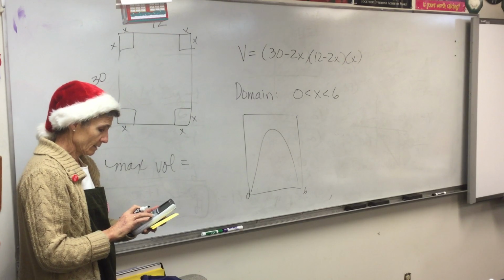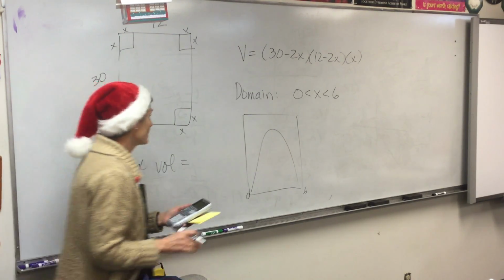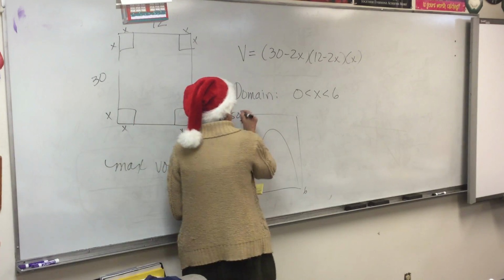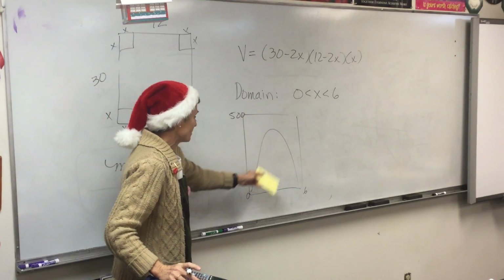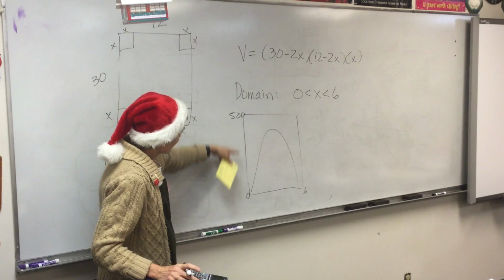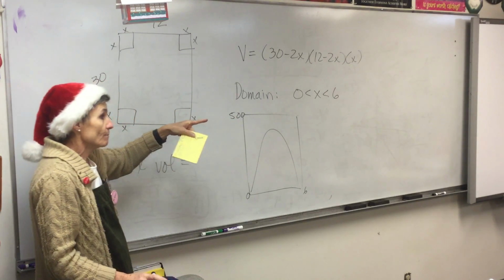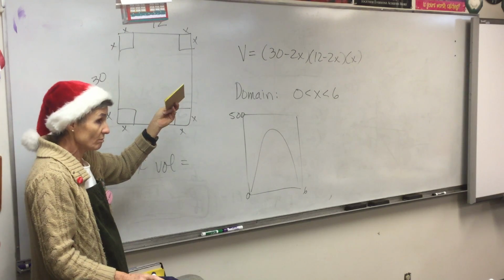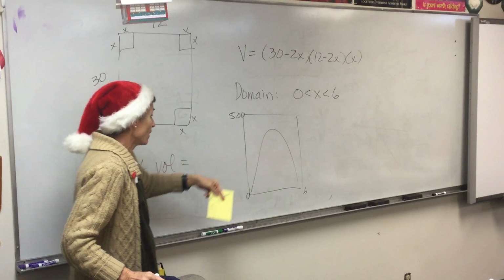So I need to make that a little bit bigger, maybe 500. Okay, so 500 worked. So my x min and max, that's my domain, 0 to 6. But my y min and max, my range, I've got 0 to 500. That works. Could you use 0 to 600? Yeah. As long as you see the hill, it's fine.